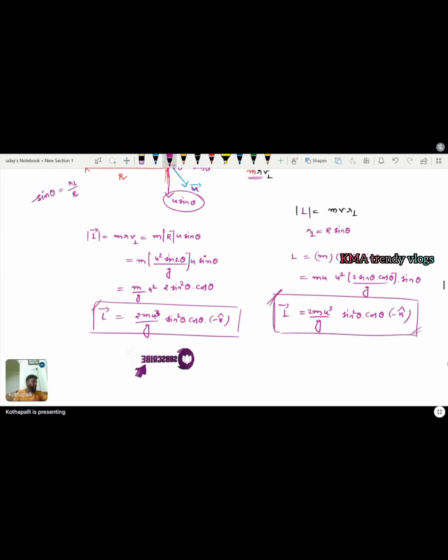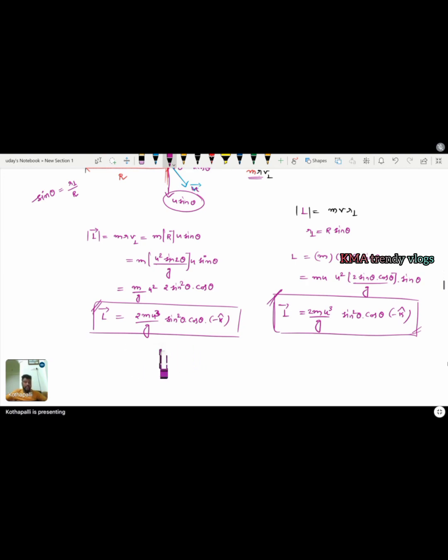Yes, both are the same. So the conclusion of the story is, whatever formula is easily applicable for the given situation can be used. There is no rule for it. Whatever formula you use according to the given data and your comfort, the answer will be the same if you do it in the right way.